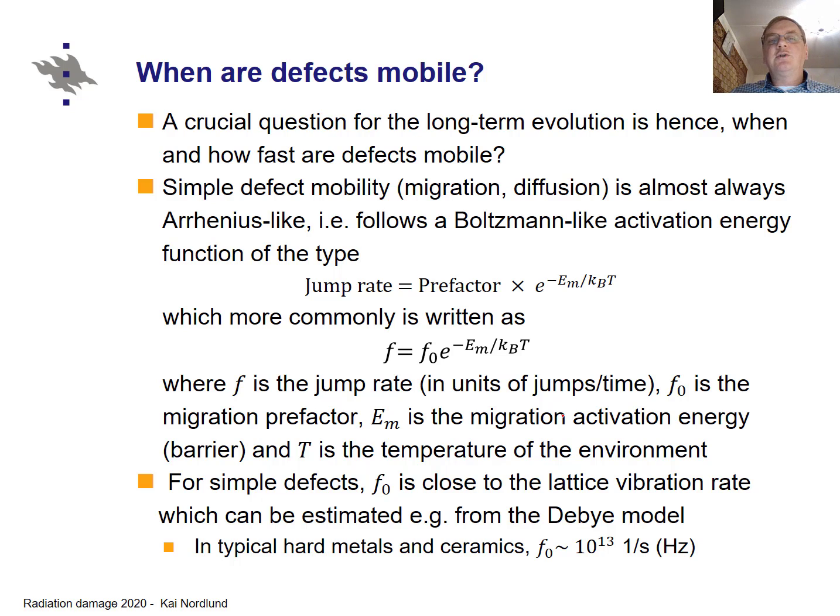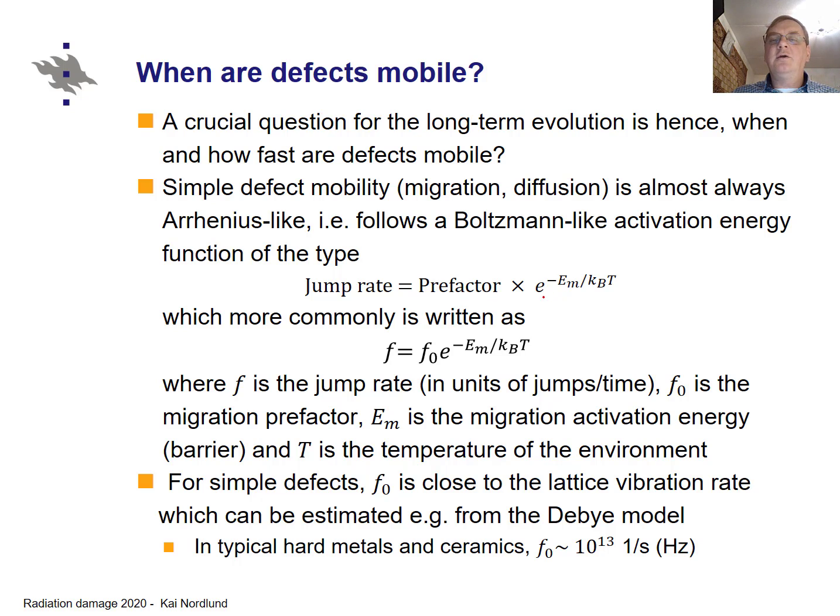So of course this question on when are defects mobile is crucial to be able to understand and model this long time scale thermally induced effects. And well, defect mobility, as I said, it's a big topic, but in clearly the vast majority of the cases, it follows Boltzmann statistics.